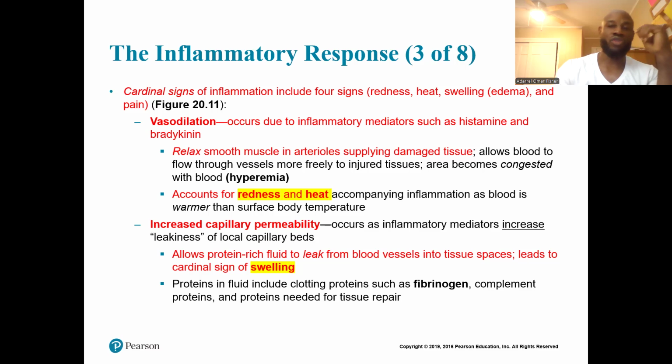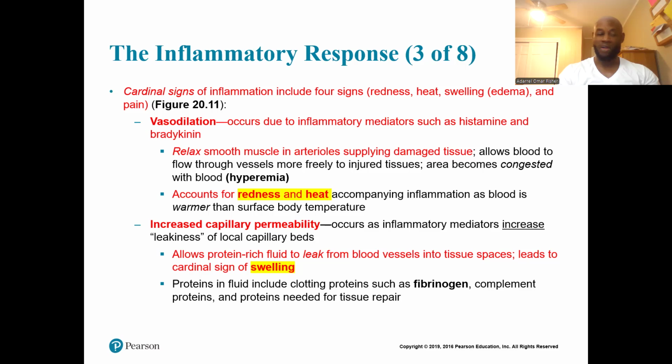Those blood vessels get bigger. Smooth muscle in the arteriole supplying damaged tissue allows more blood to come to that area. Redness, blood gets you your redness. More blood to that area also brings heat.